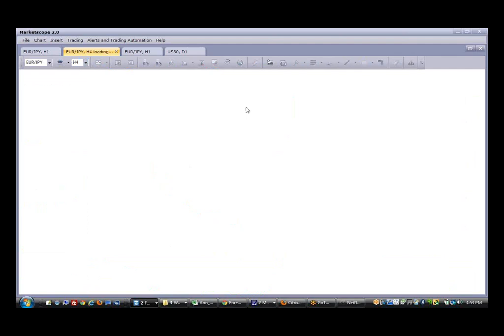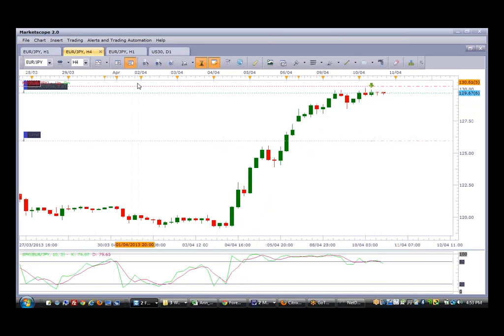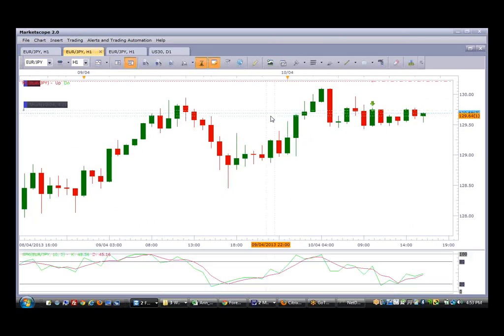On the 4-hour chart, there's no setup at the moment, but also in the overbought area. In the 1-hour chart, no setup at this point.